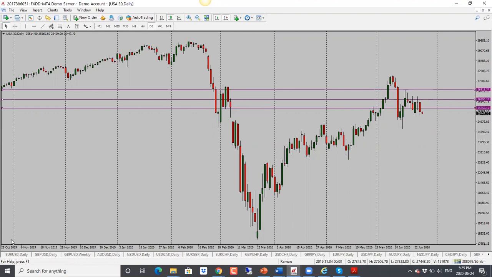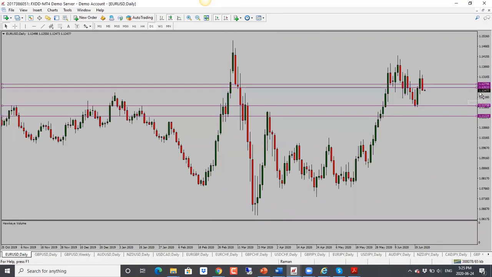crosses here. So we'll start off with Euro US dollar here. Today we did see US dollar drop. So bias here is bearish for Euro dollar. We had a nice bearish close for the day, and now I am looking for price to drop.